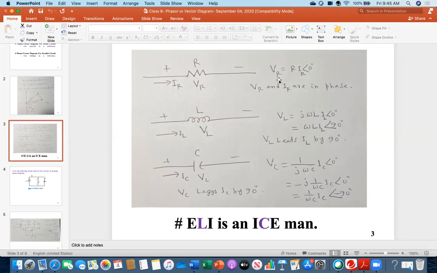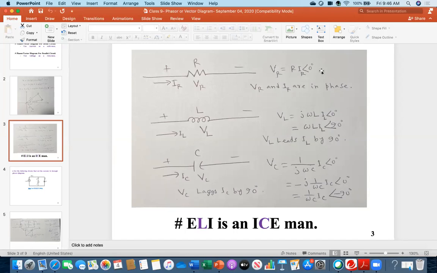Therefore, I have written VR equal to IR. I have assumed that IR angle is 0. In each case, I am assuming that the current has 0 angle initially. So this is the phasor representation for the resistance that we have learned: VR equal to IR, and I am assuming IR has 0 phase difference.